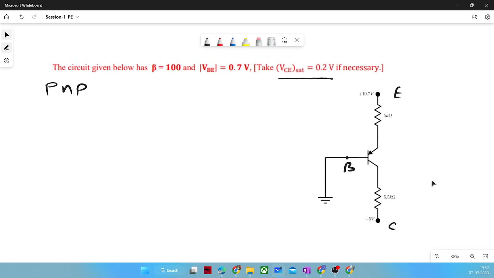See, in this problem also it is written explicitly that take VC sat is equal to 0.2 volt if necessary. So it means that if this transistor is operating as a switch in saturation region, then you can take VC as 0.2. Otherwise, you will have to go ahead with the linear circuit.